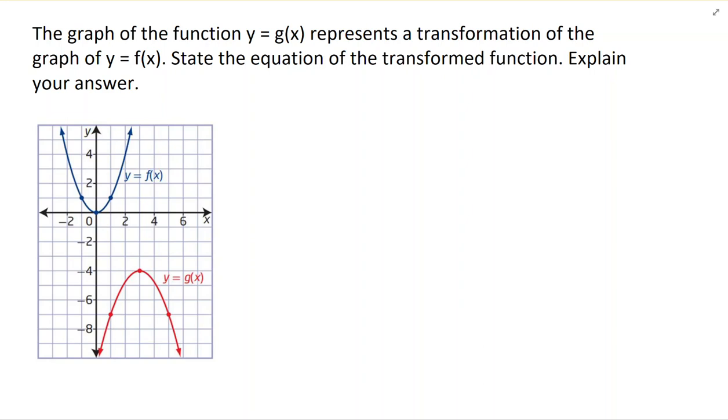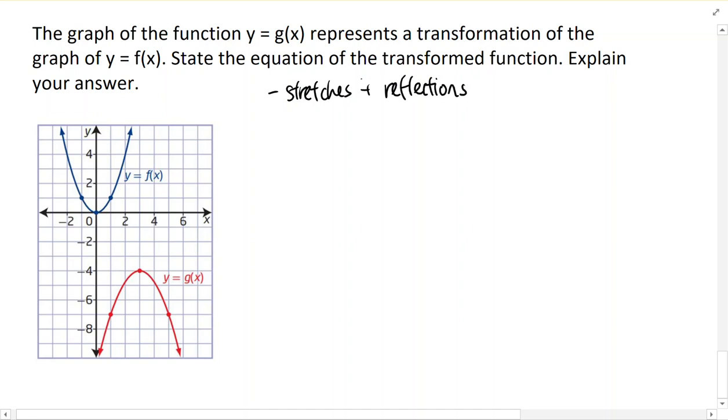Now, when we're solving this, we need to be mindful that with transformations, there is that order, right? You always need to look at stretches and reflections first, and then translations.